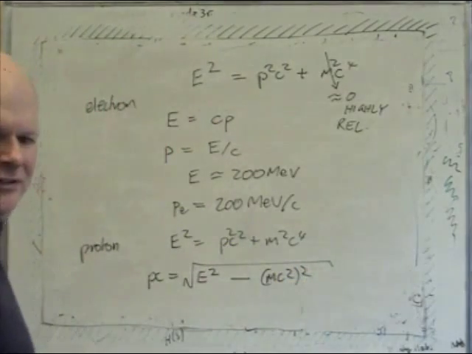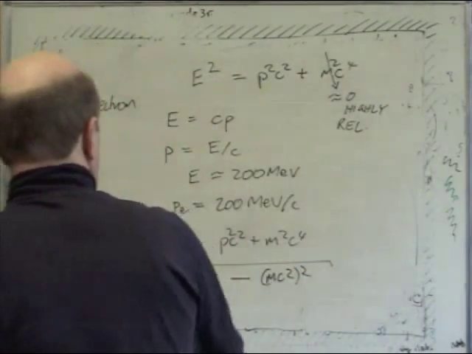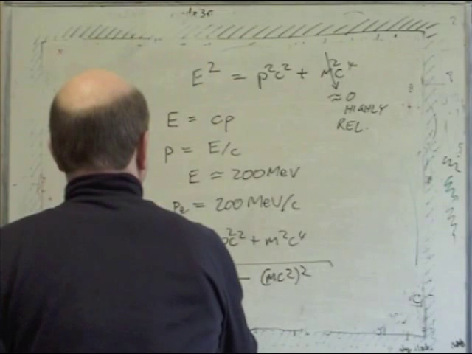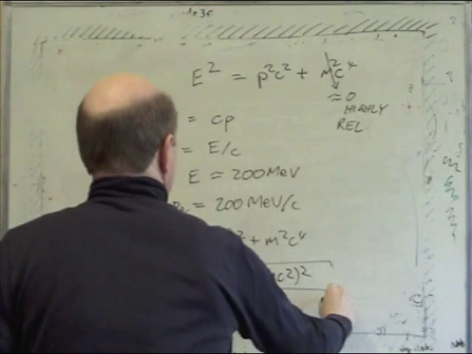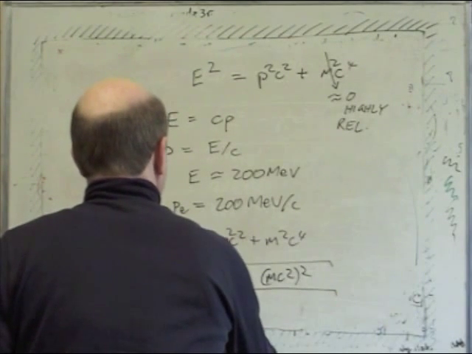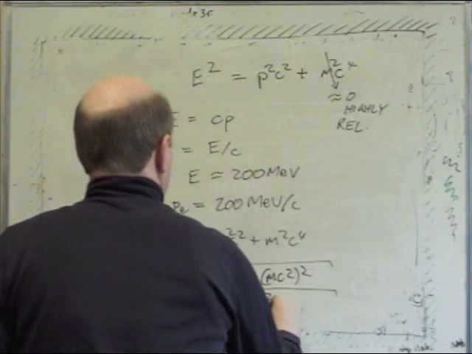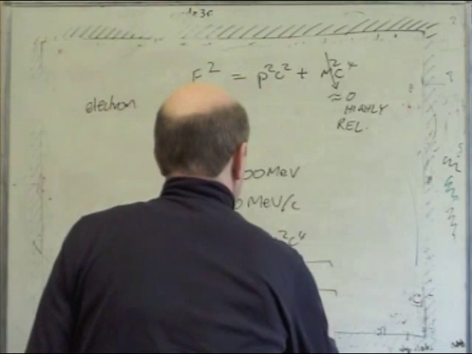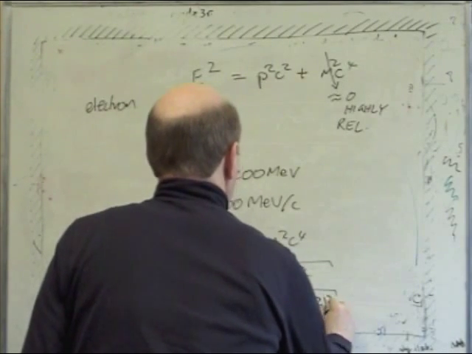Now we've got the kinetic energy, not the total energy, so you don't stick it in for E. The way to do it algebraically, which I always prefer, is to write that E equals T plus mc squared, and it's squared, so we put a squared out here, and then minus mc squared squared.